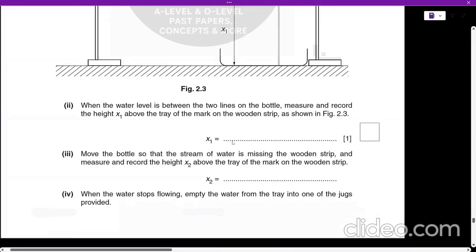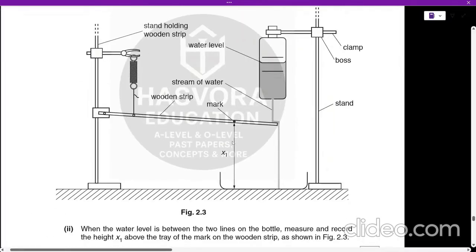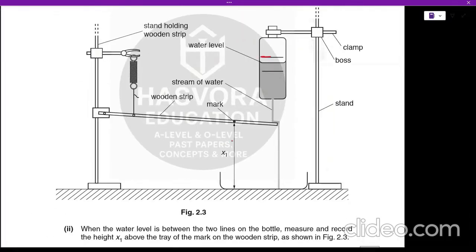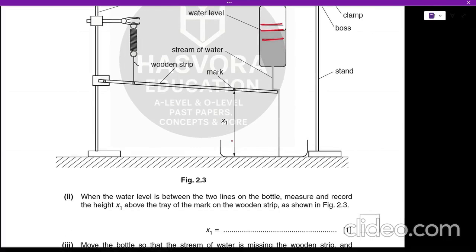Then when the water level is between the two lines on the bottle, we are going to be measuring and recording the height x above the tray of the mark on the wooden strip as shown in figure 2.3.